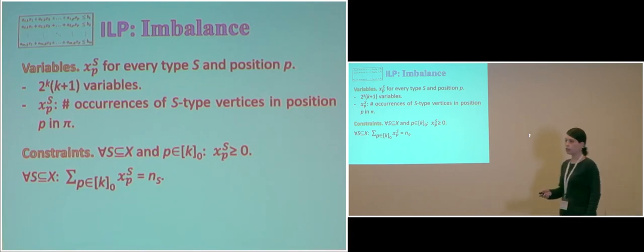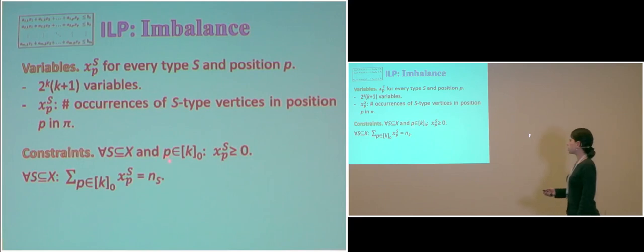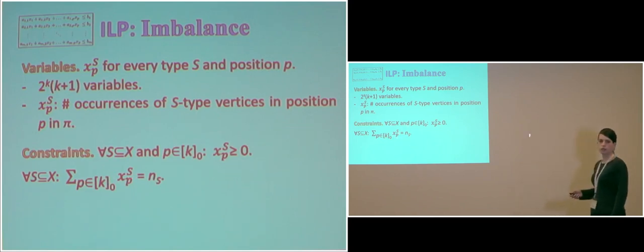Exactly the number of such vertices that we have. So let's look at some type S, a subset of X. How many times did we use this type of vertices? We sum up our variables XSP. We look at every position and how many vertices of type S we place at that position. That should be precisely NS. Okay?